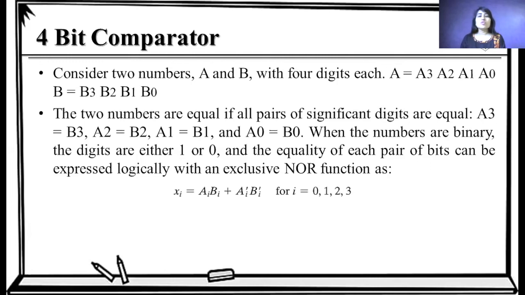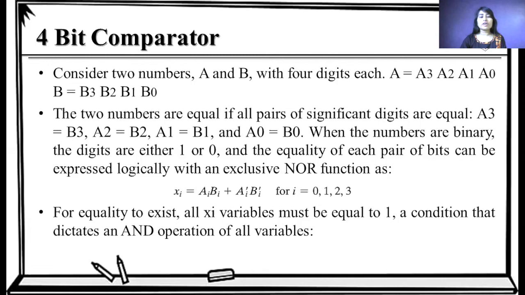So if we have this logical term for A3, B3, A2, B2, A1, B1, A0, B0, then we can write the logical expression for A equal to B as x3 x2 x1 x0.